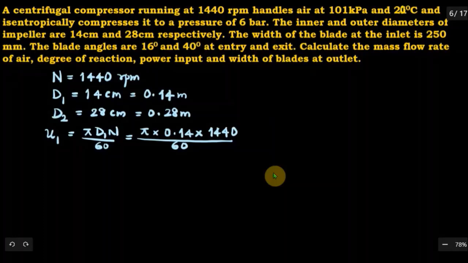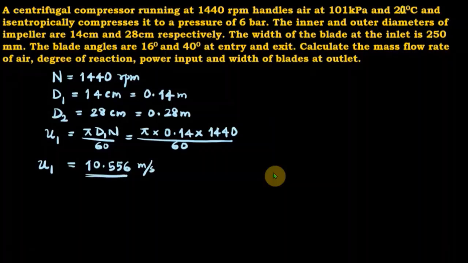So you can find out U1, and in this case you will get U1 as approximately 10.556 meter per second. Okay, so this is U1.